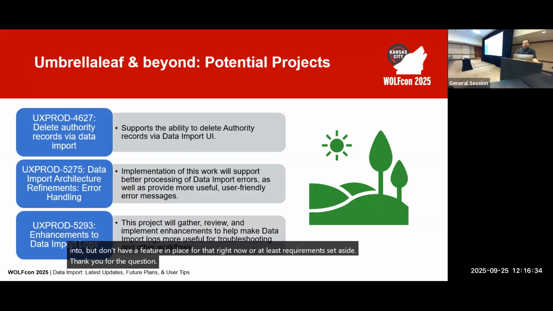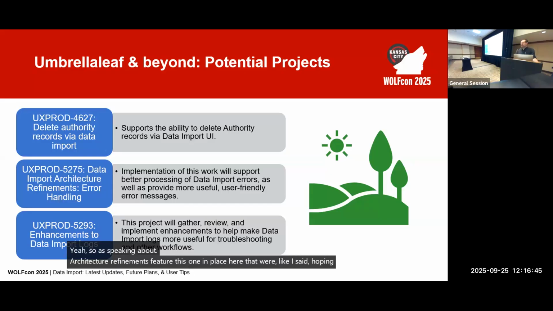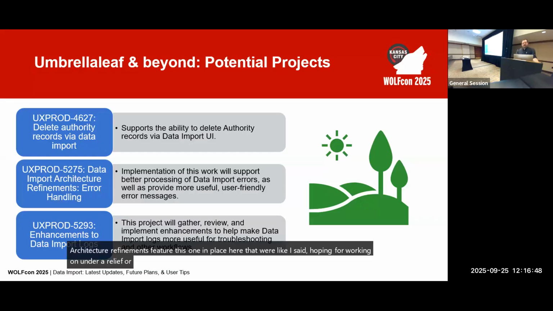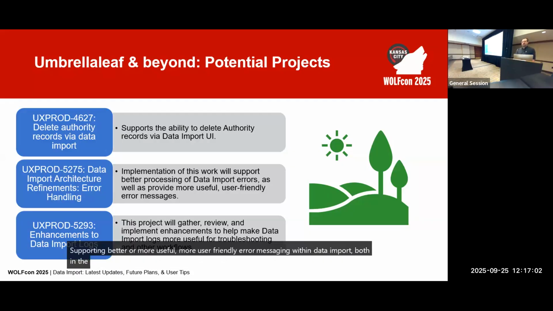So, speaking about the architecture refinements feature, this one we're hoping to work on under Umbrella Leaf or Vetch perhaps would be for supporting better, more user-friendly error messaging within data import, both in the overall UI and in the logs, any place where a user may encounter error messaging.